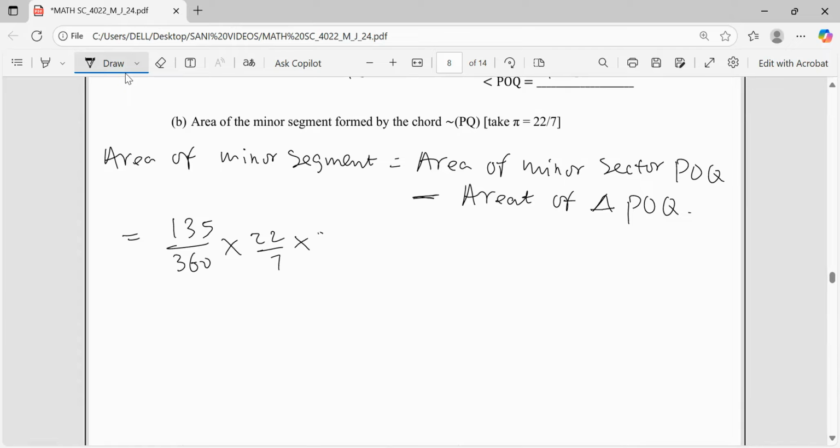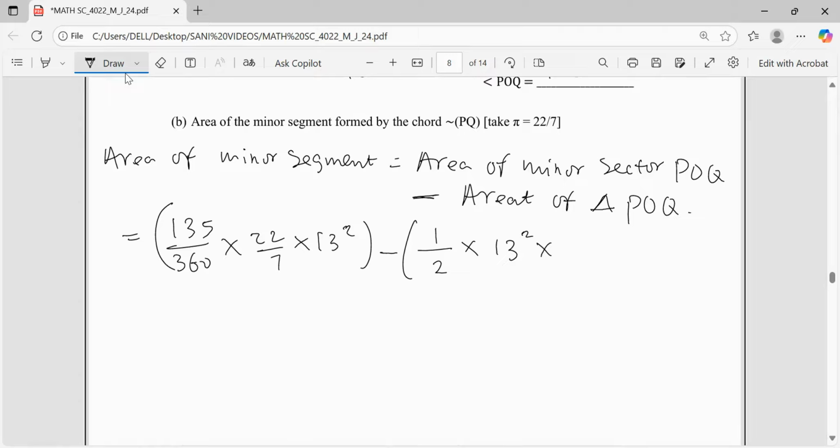The radius remains 13, squared. Then minus the area of the triangle, which will be 1 over 2 r squared sine theta. That's 1 over 2 times r, the radius, 13 squared, times sine theta.